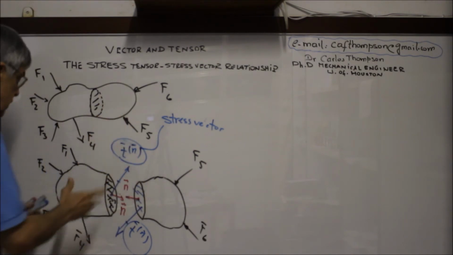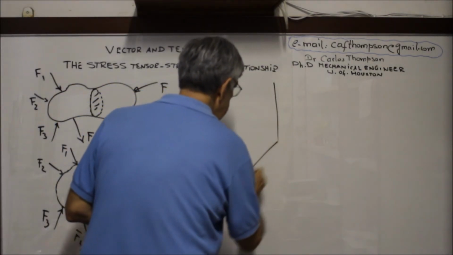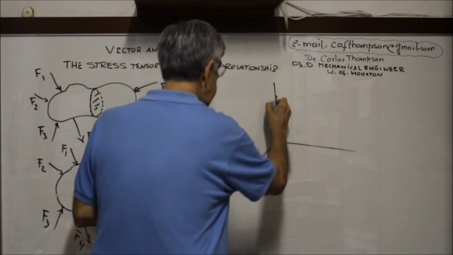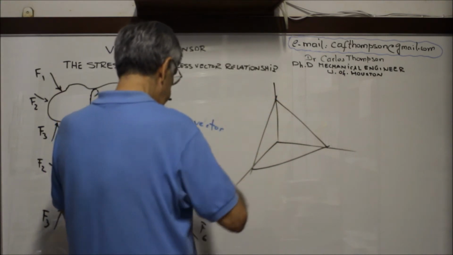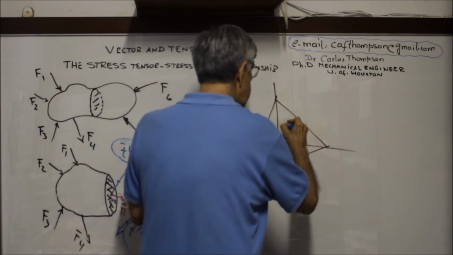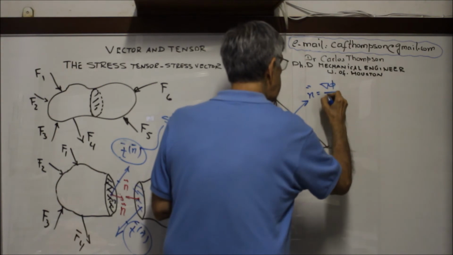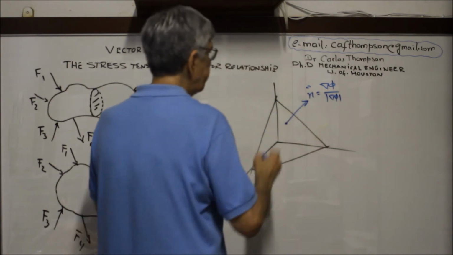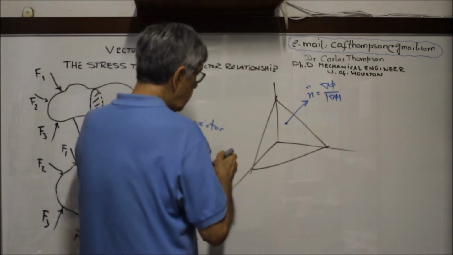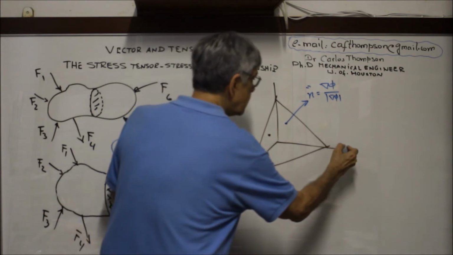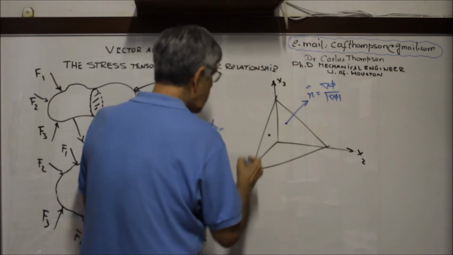Now let's do the same idea using a tetrahedron here. That's a plane, the plane here. If I give this plane, I will give the normal vector, which is gradient phi divided by the magnitude of gradient phi. That's a unit vector. Now, on this face over here, this is x2, this is x3, this is x1.